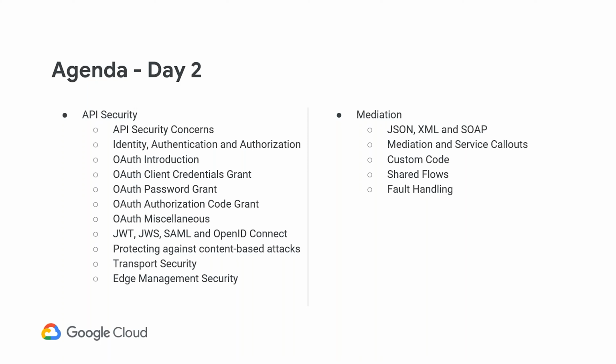So we'll cover OAuth in detail, and apart from that we will understand JWT, JWS, SAML, and OpenID Connect. These are mostly related to authentication, authorization. Then we will learn about protecting against content-based attacks.